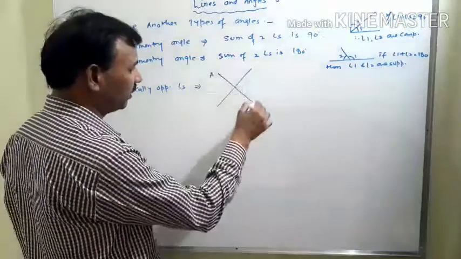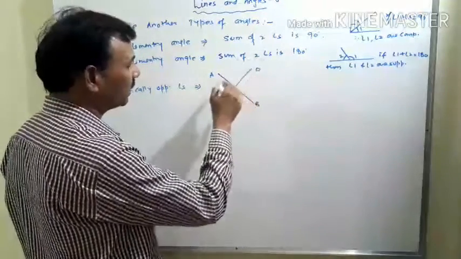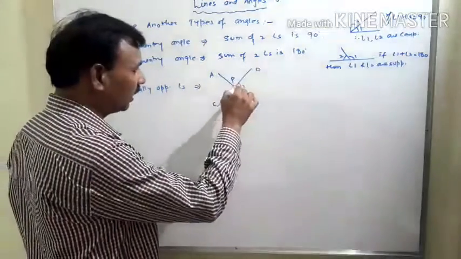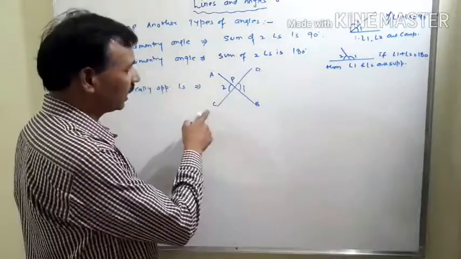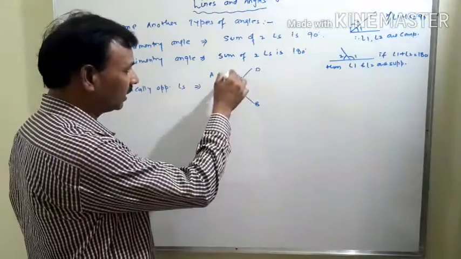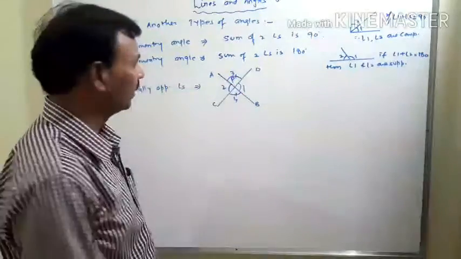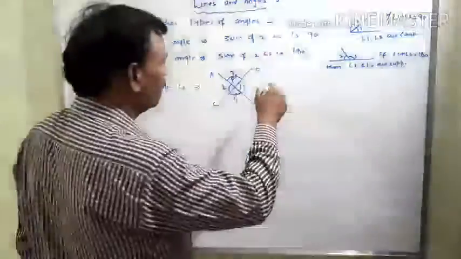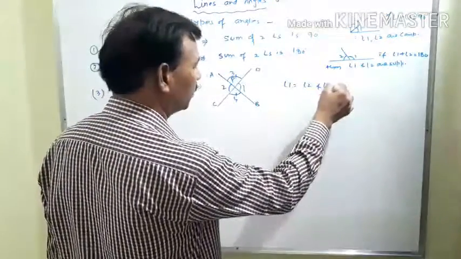Suppose this is line AB and this is line CD, and both lines intersect each other at P, then angle 1 and angle 2 are vertically opposite angles, and angle 3 and angle 4 are also vertically opposite angles. By the definition of vertically opposite angles, angle 1 equals angle 2 and angle 3 equals angle 4.